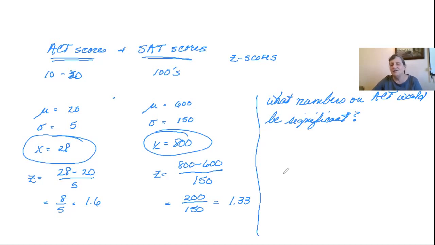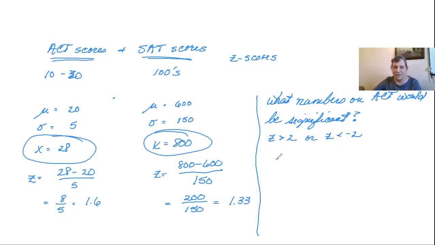So let's just look at the high and low numbers for this. Now, significant is considered to be more than 2 standard deviations away from the mean. So if the Z-score is greater than 2, or if the Z-score is less than -2, that's considered significant.